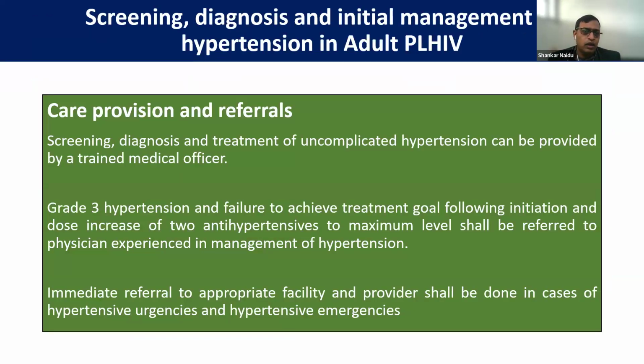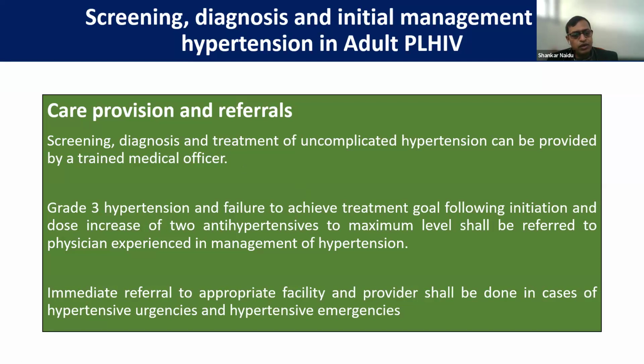So the final thing in the management of hypertension would be, when should we refer these patients if we are not able to manage hypertension at the ART center? It is being told that all medical officers at the ART center can initiate treatment if the patient is having uncomplicated hypertension.